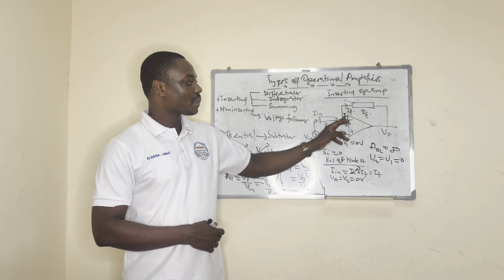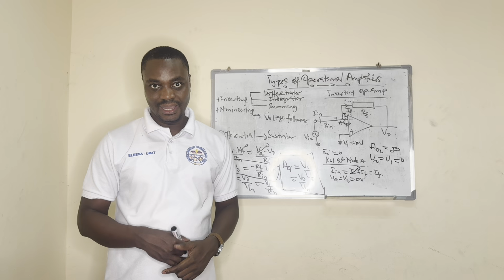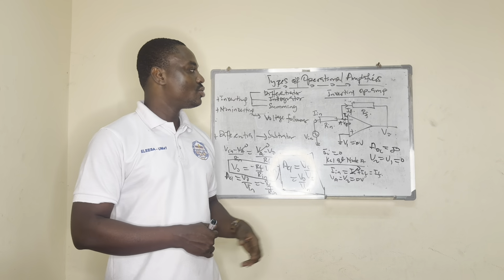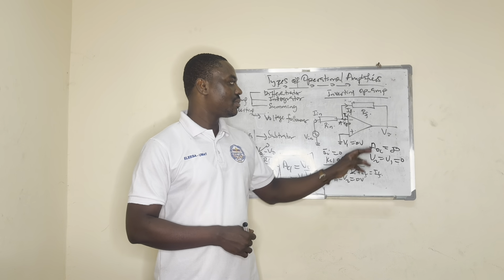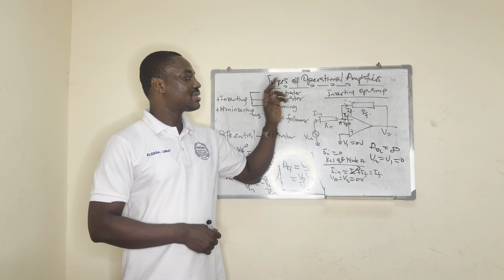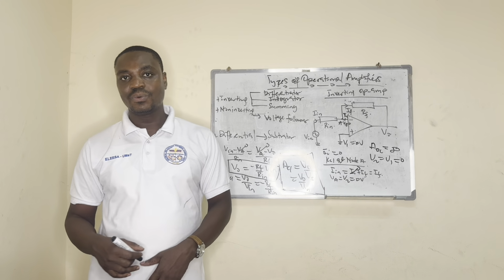From there, we feed back the output signal from the operational amplifier into the operational amplifier through a feedback resistor labeled here as RF. And with this, we make sure that the non-inverting input is grounded.